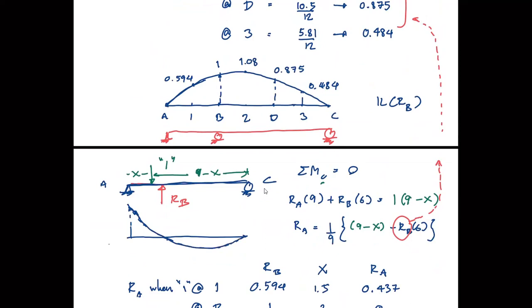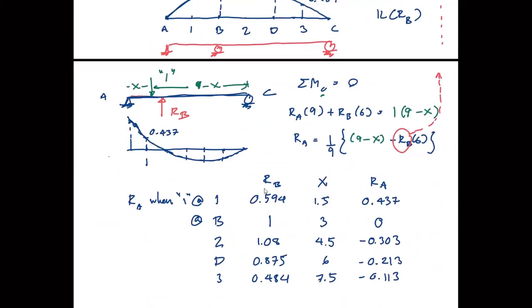So here at 1, that is 0.437, that's 0. So that is minus 0.303, minus 0.213, and minus 0.113. So this is the influence line of A.